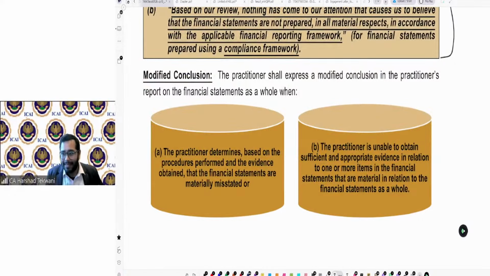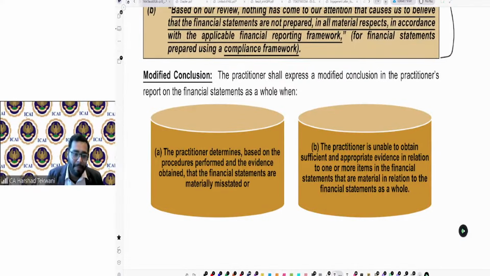The SRE says that the practitioner shall modify the conclusion on the financial statements when the practitioner has determined, based on the procedures he has performed, which procedures? Inquiry and analytical procedures, that the evidence I have obtained through inquiry and analytical procedures says that the financial statements are materially misstated.